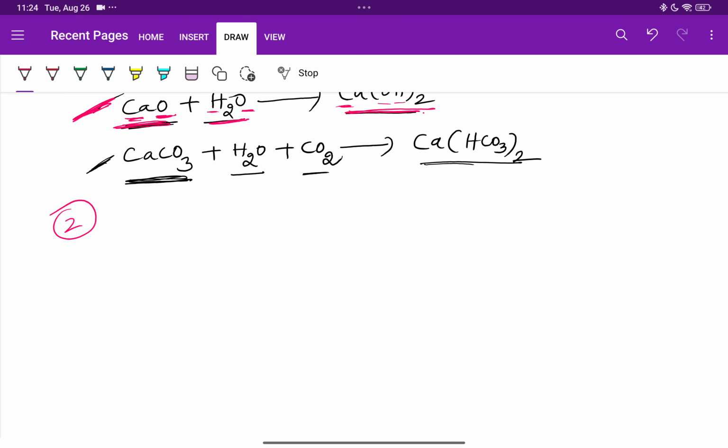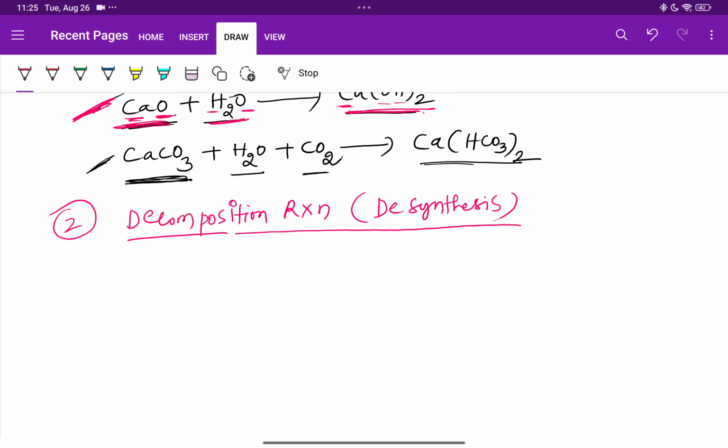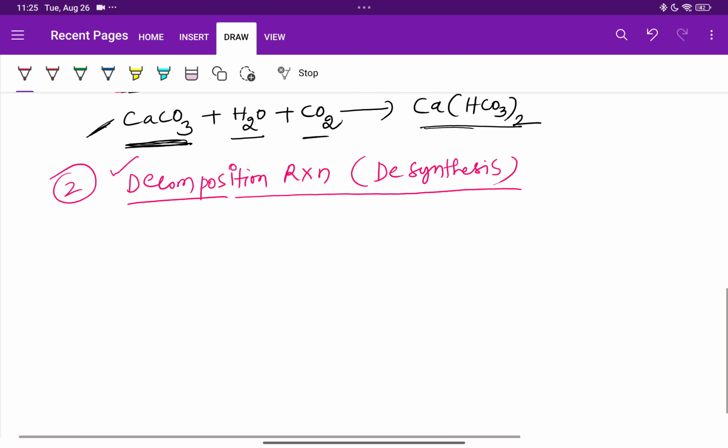The second type of chemical reaction you have is decomposition reaction, which is the opposite of a synthesis reaction. So what is the meaning of decomposition? In the name only the answer is present. Decomposition is nothing but breaking.